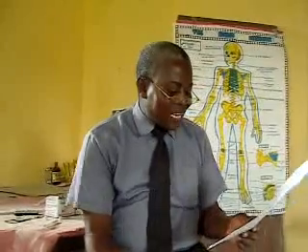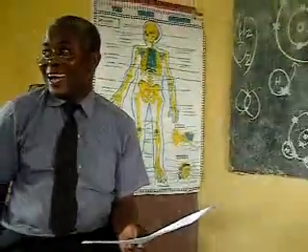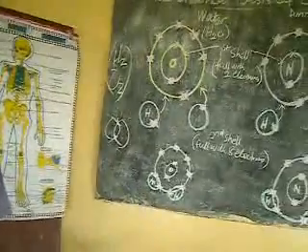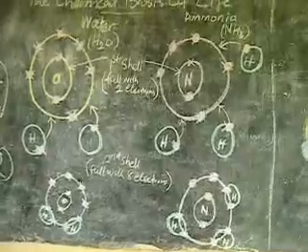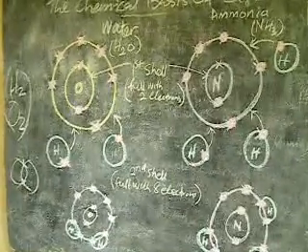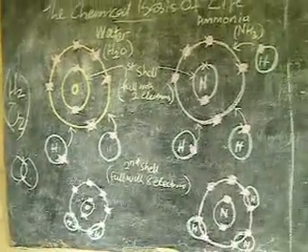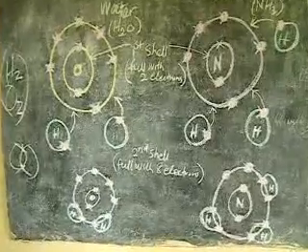The second and other outer shells have a maximum of 8 electrons. Sometimes you can have up to 16. In fact, what they want to say here is that it is a number divisible by 8. Sometimes it is 16, sometimes 32, and sometimes 64.